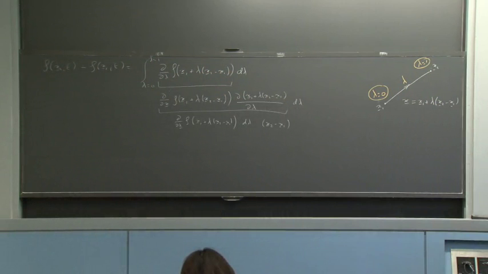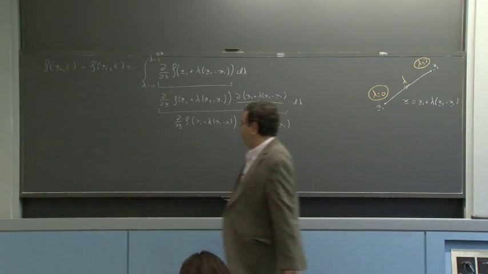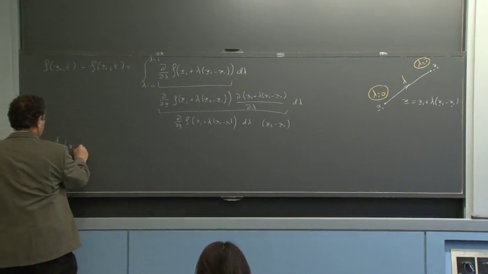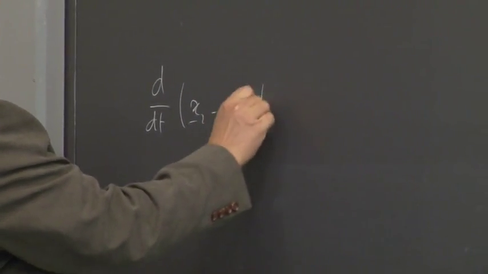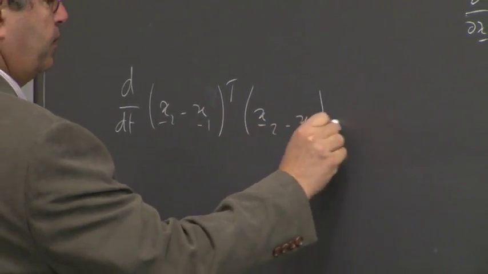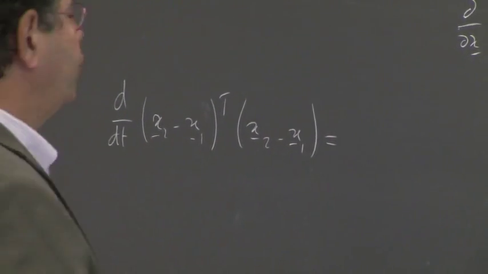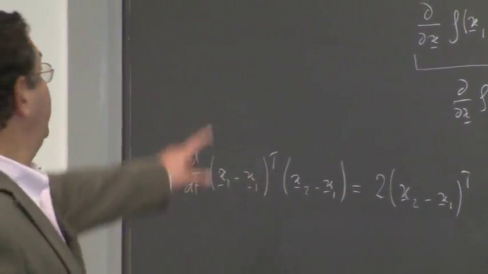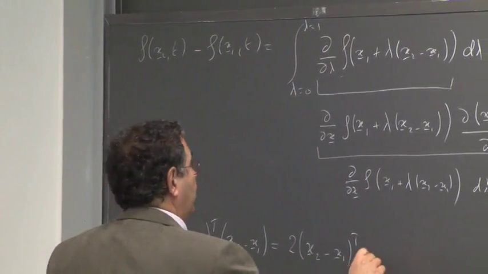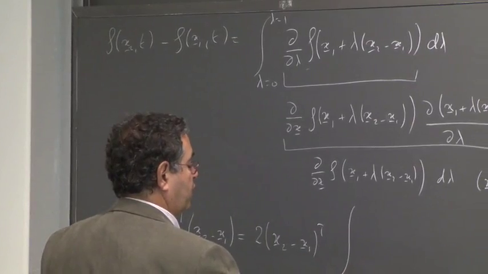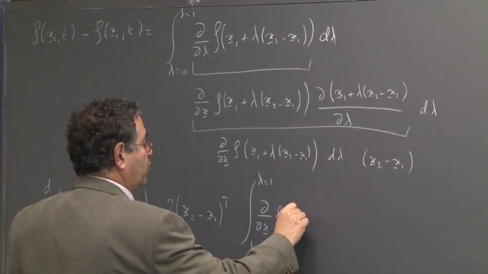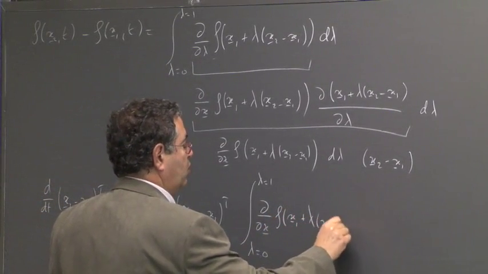So if we use this relation here, we see that d over dt of x2 minus x1 transpose x2 minus x1 is equal to 2 times x2 minus x1 transpose times this, and therefore is equal to this integral from lambda equals 0 to lambda equals 1 of d over dx of f of x1 plus lambda times x2 minus x1, d lambda.